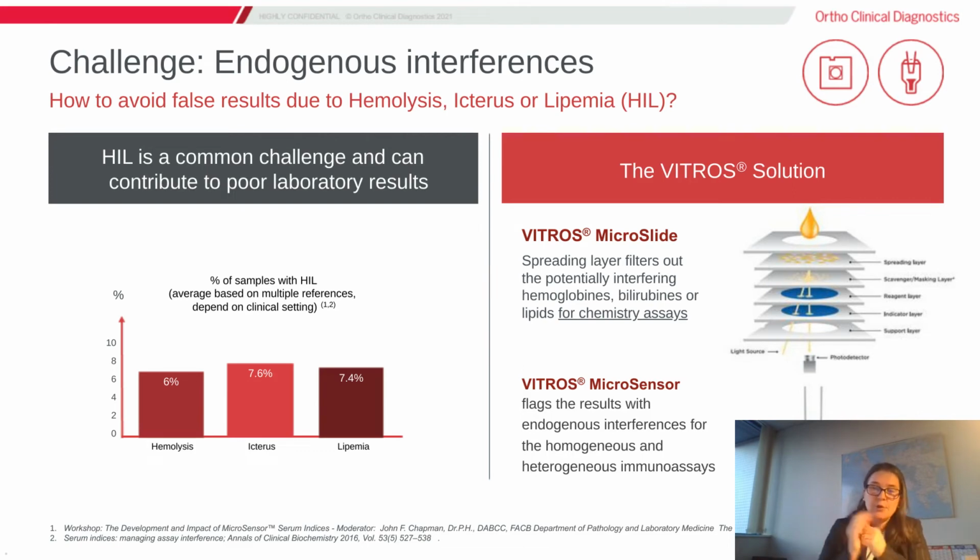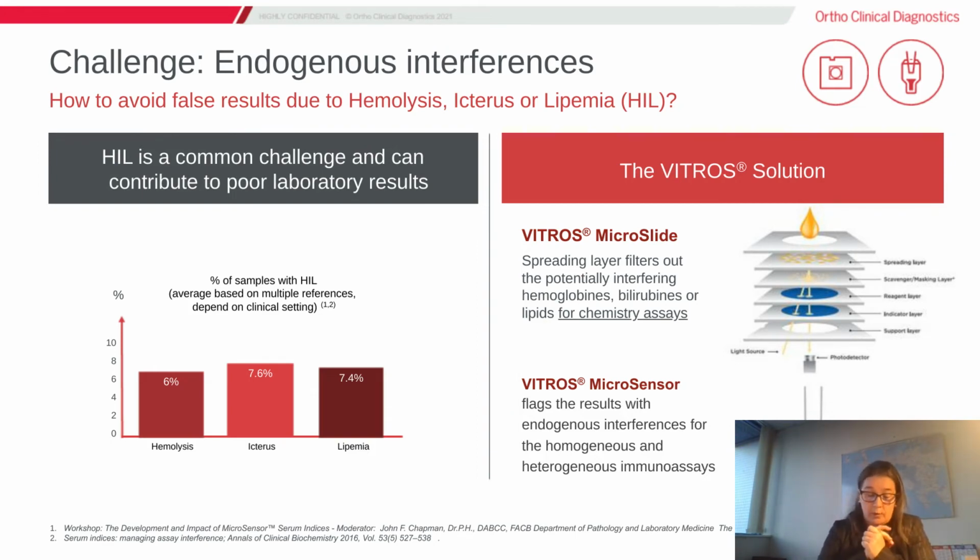The VITROS solution is the spreading layer that could really trap hemoglobin, bilirubin, or lipids eventually present. So for most of the chemistry testing, the impact of HIL is either completely avoided or at least strongly minimized.